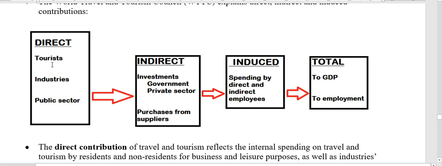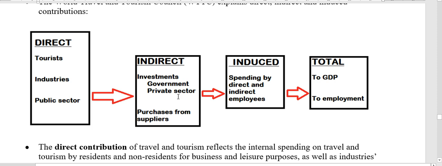So people that are directly involved in the tourist industry will earn a salary. People that are indirectly involved in the tourist industry will earn a salary. And those people are earning salaries purely because of the tourist industry. So the money that they're earning and spending is part of the induced contribution to the GDP. The tourist industry itself, the hotels, the accommodation, the people providing the transport, the restaurants where they purchase things, that will be the direct contribution.